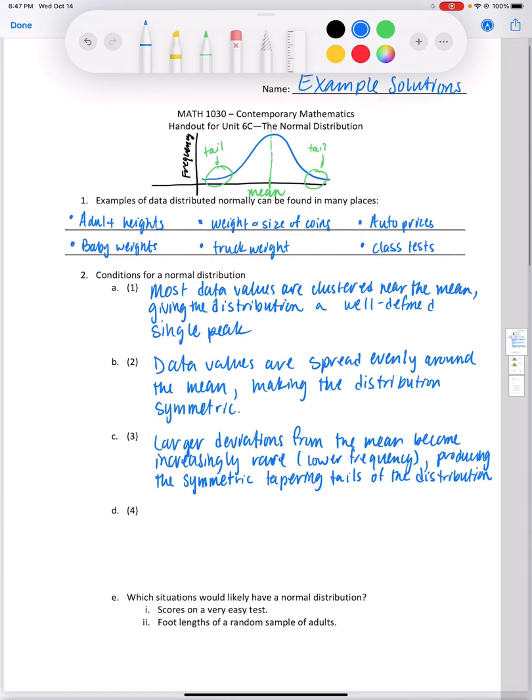Number 4, the fourth one, is that individual data values result from a combination of many different factors, such as genetic and environmental factors. So there's a lot that goes into these data points.